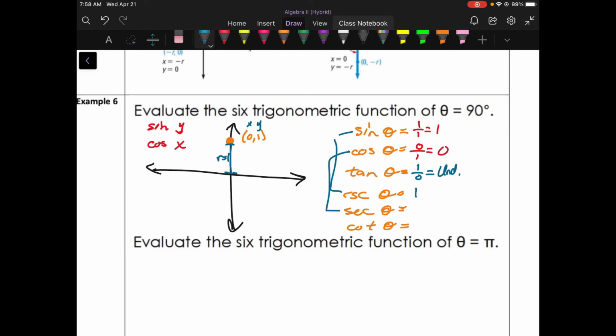Cosine and secant, if you flip it, you get 1 over 0, which is undefined, you cannot do. And then tangent and cotangent would be 0 over 1, which is okay. You can divide by 1. 0 can be in your numerator. So it would be 0. So you can see a lot of 1s and 0s here. 1, 0, undefined, 1, undefined, 0.